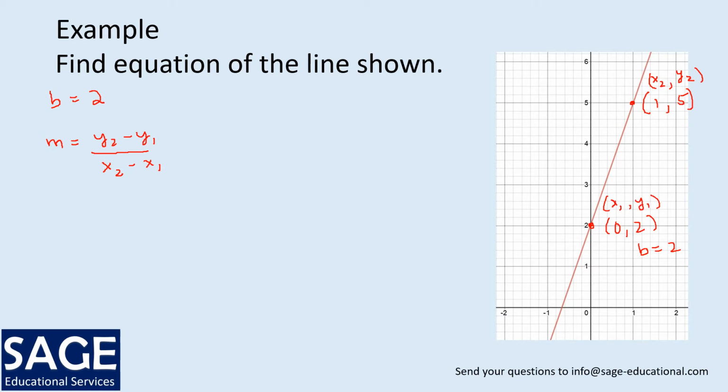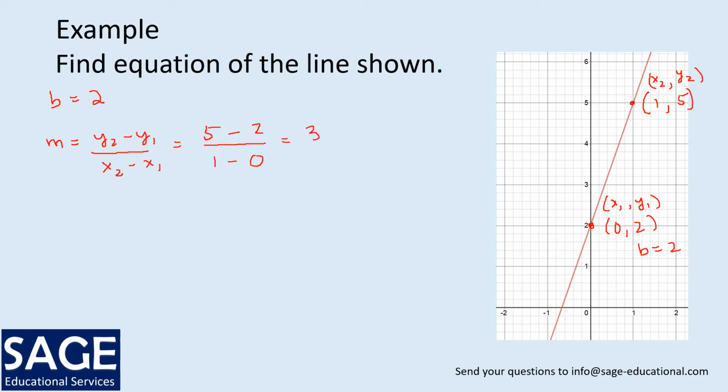It does not really matter which one you call x1, y1 and which x2, y2, but I chose these so that I would subtract smaller numbers from bigger numbers. So I have 5 minus 2 divided by 1 minus 0, and that comes out to be equal to 3.